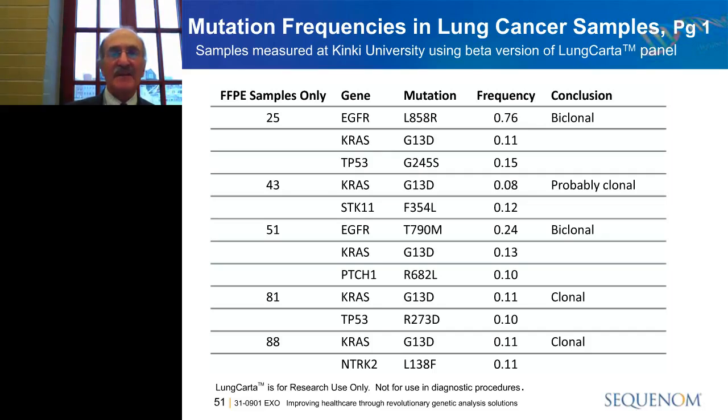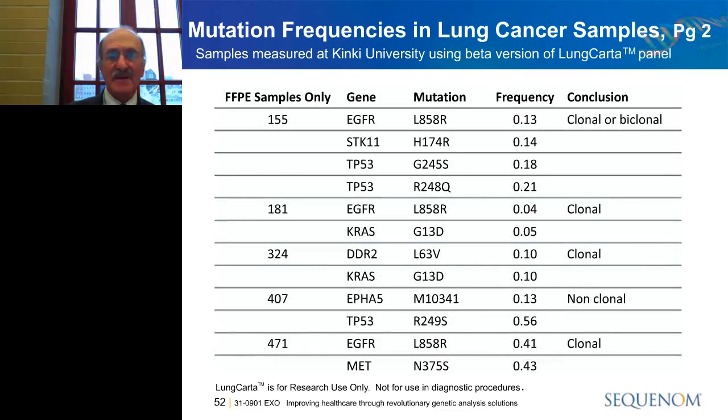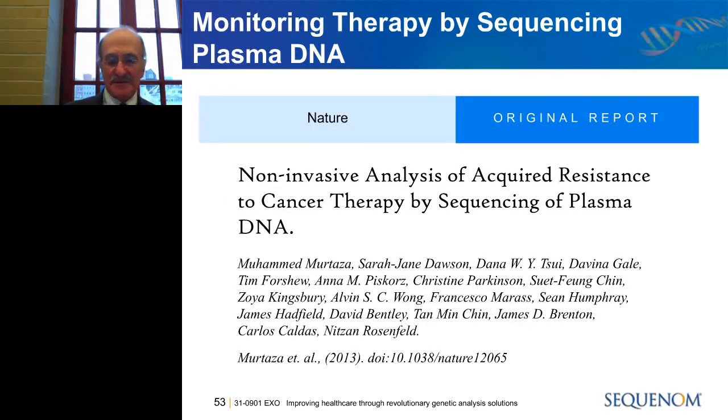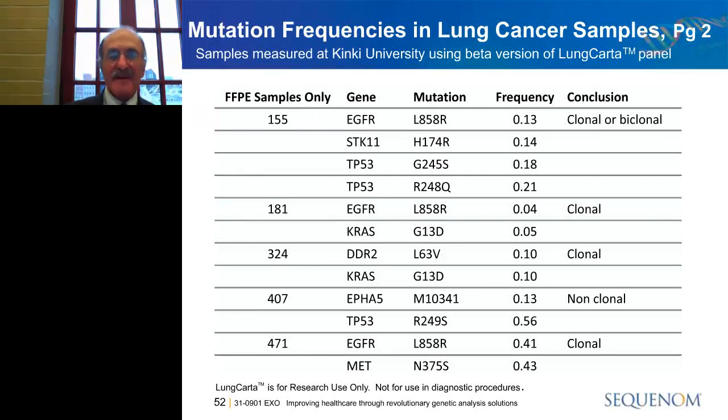Patient 25, this mutation is present in most of the cells, these 2 in very few cells, clearly not clonal. Here's another case. Patient 471, 2 driver mutations, same allele frequency, clonal tumor. Patient 407, 2 driver mutations, very different allele frequencies, not clonal.